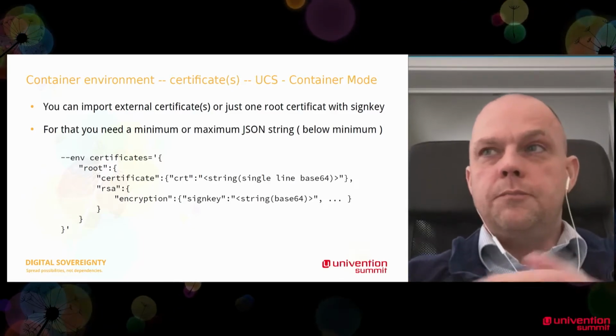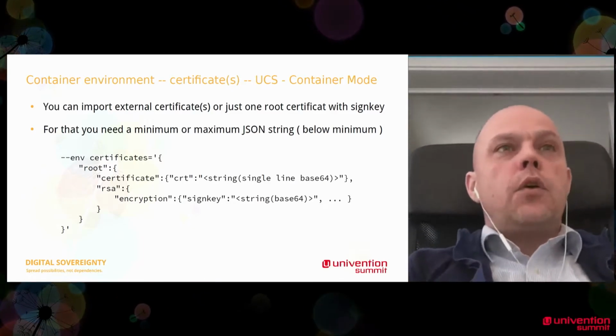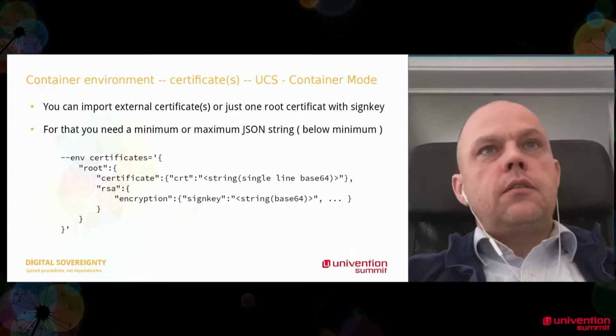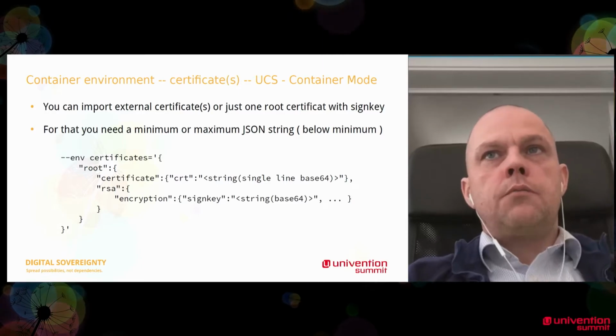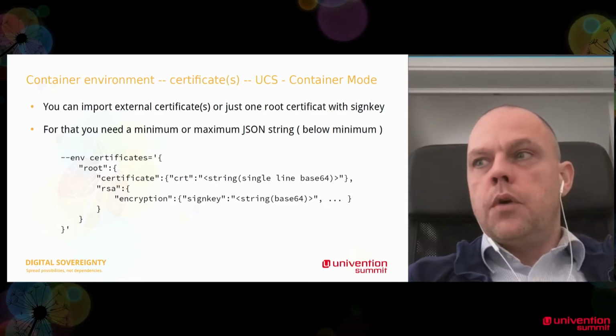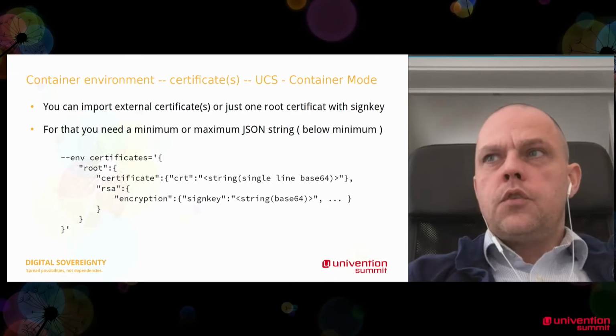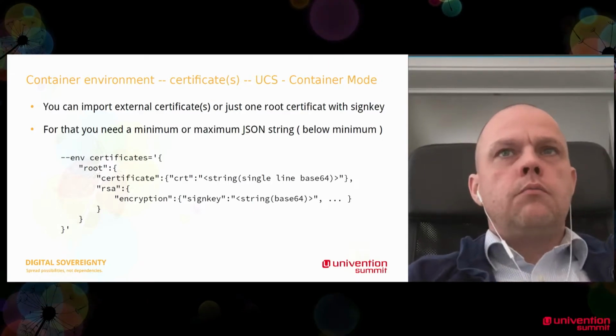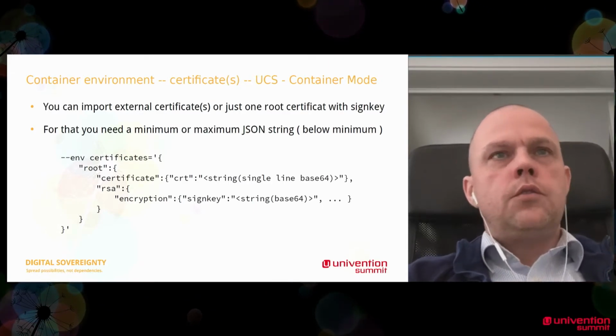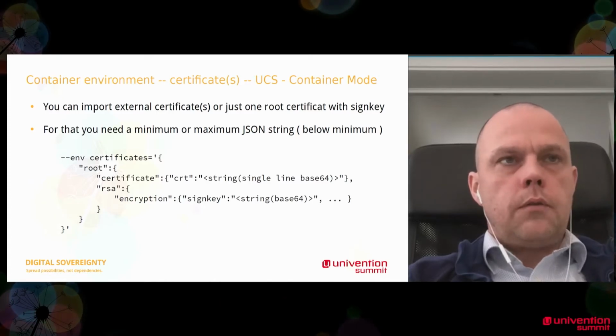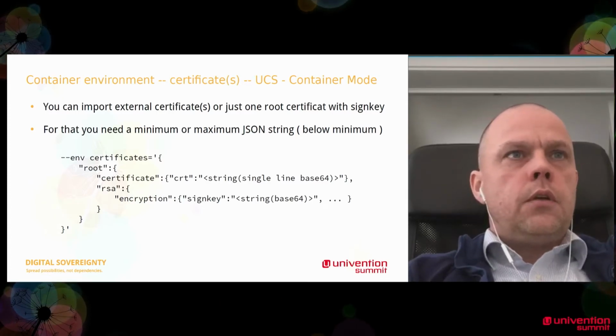Now, certificates. Oh, great topic. We can import certificates. I'm always speaking in the plural, but at least we need one root certificate with a sign key. What does that look like? We have a minimal or maximal JSON string, and we put all the information required into this string.